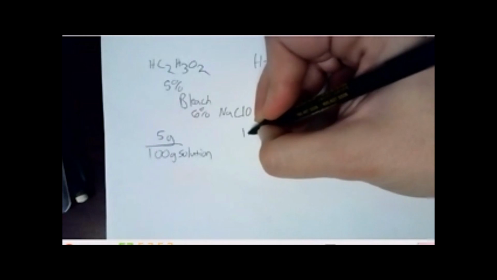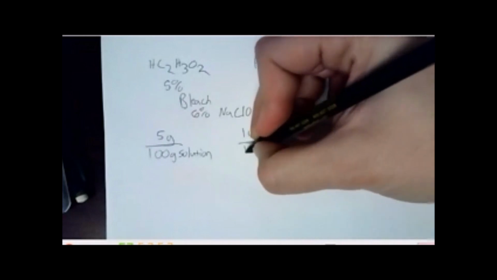Weight percent. So what does that mean? The weight percent means 5 grams out of 100 grams of solution. Now, a lot of these times we're going to make one big assumption that the solution is 1 gram per 1 milliliter.